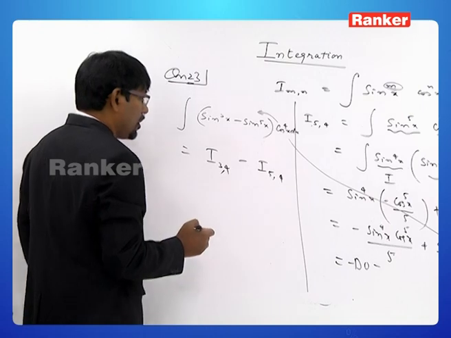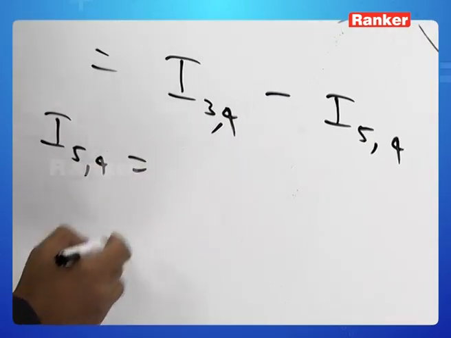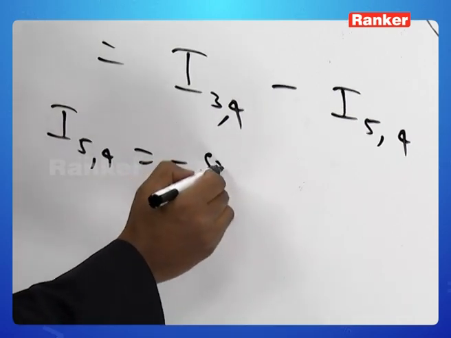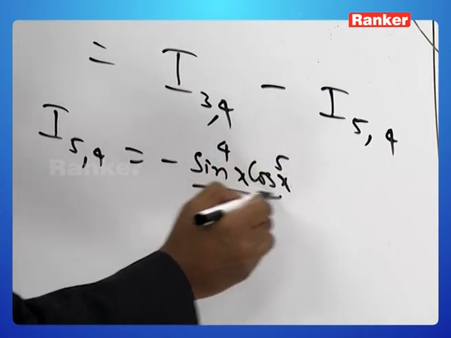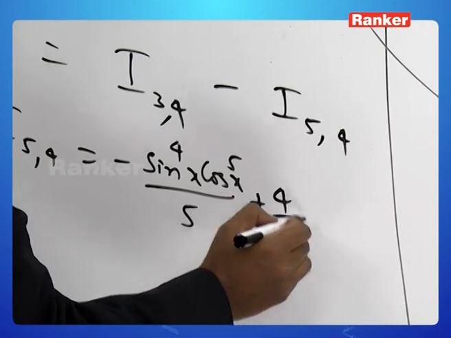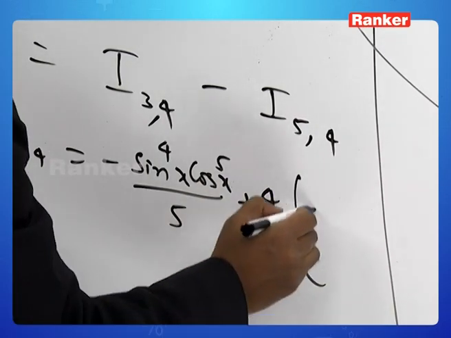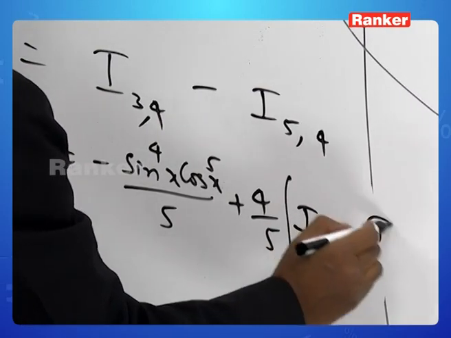Okay, so what do we have now? I54 is equal to minus of sin x raised to the power 4 into cos x raised to the power 5 divided by 5 plus 4 by 5 into I34 minus I54.